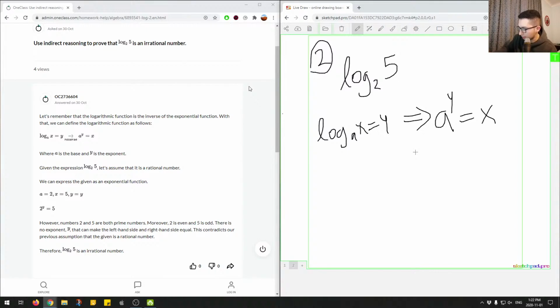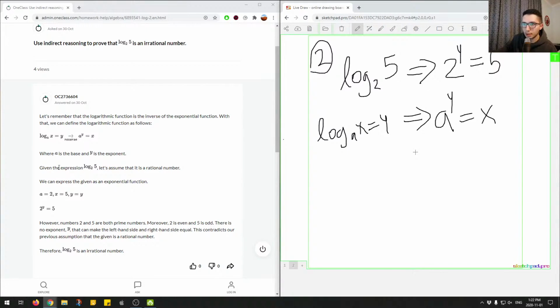So a is just 2. Our y is unknown, so we'll just leave it as y for now. So 2 to the power of y is equal to x, and x in this scenario is 5.